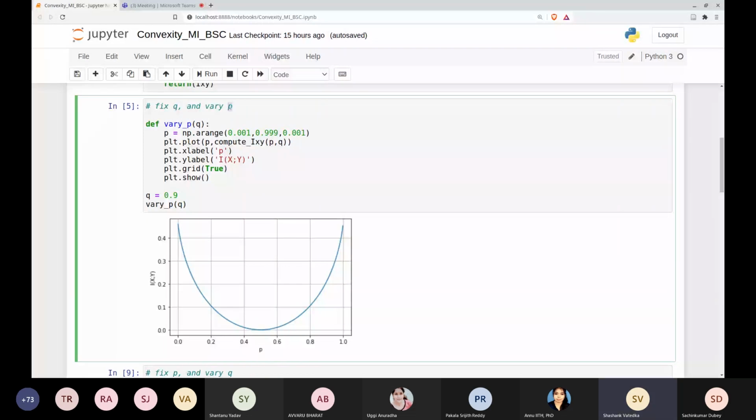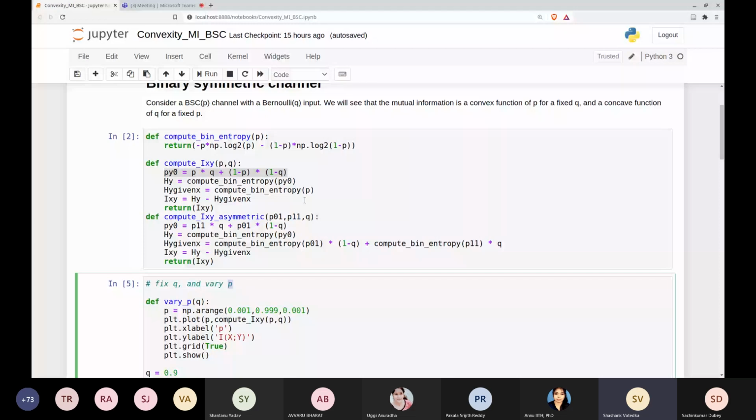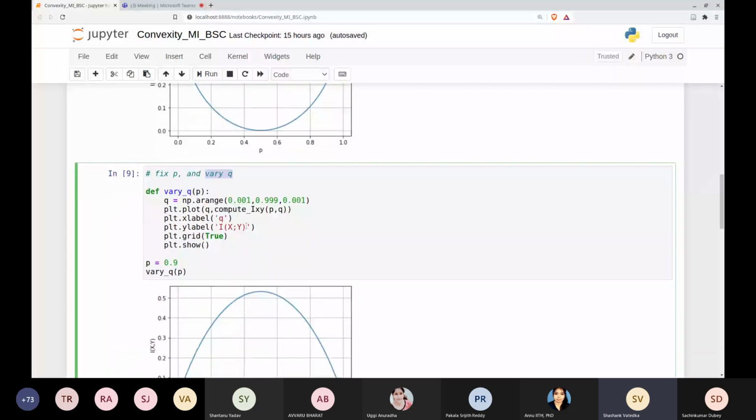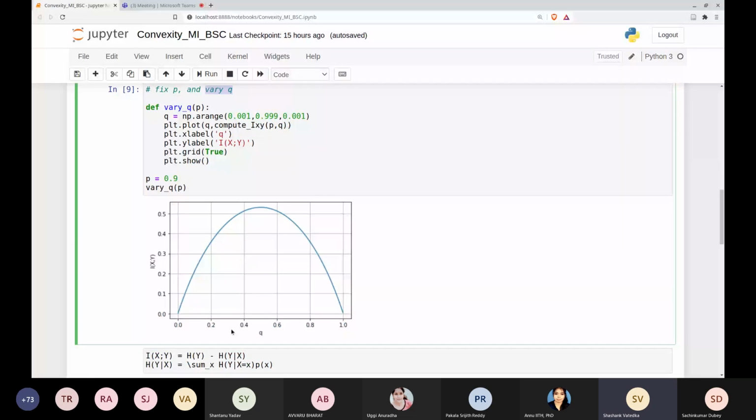If I fix the channel and vary the input distribution, then the mutual information is going to be a concave function of the input distribution parameter Q. For the binary symmetric channel, it's of course concave, and the maximizing input distribution is Bernoulli half.